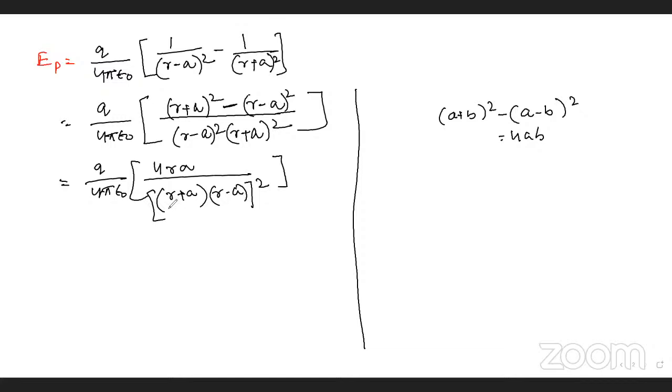And this is Q by 4π epsilon naught times 4ra by (a plus b) into (a minus b).